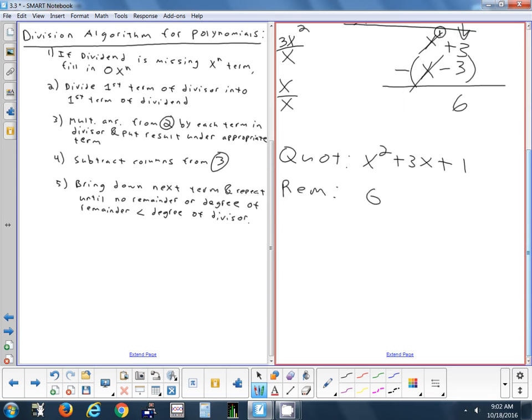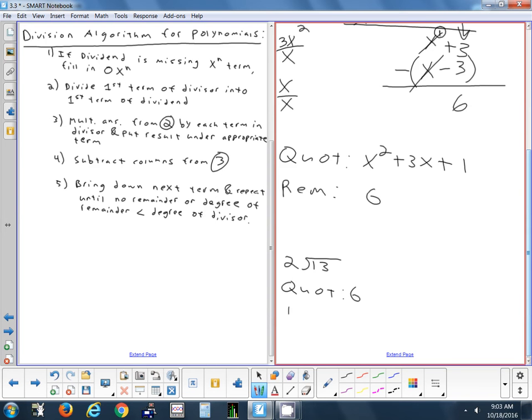Let's say I did 2 divided into 13. What's the quotient when you divide 2 into 13? 6.